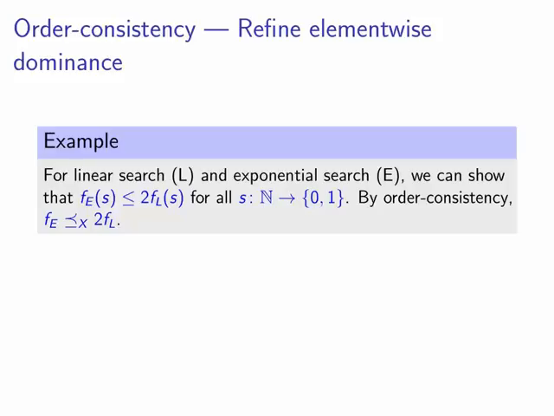For example, for linear search and exponential search, we can show that the cost function of exponential search is at most 2 times the cost function of linear search. By order consistency, the cost function of E is dominated by 2 times the cost function of linear search.